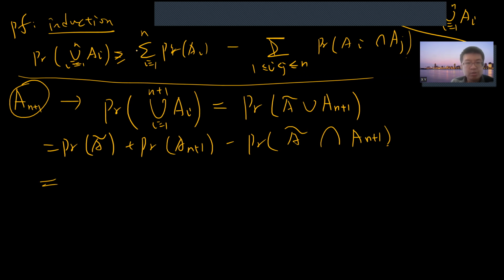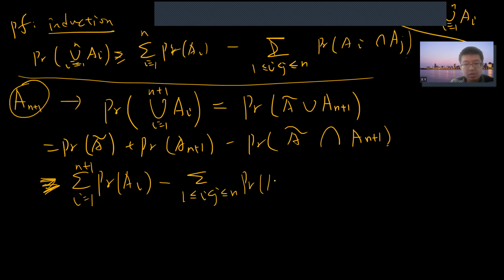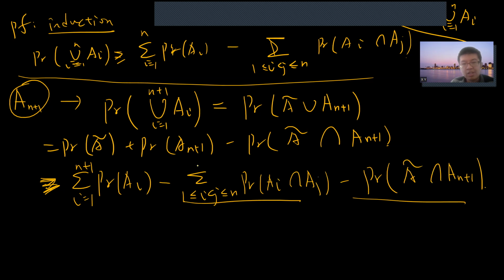For the probability of A tilde, I can use this lemma. So it's greater or equal to the summation of the probability of A_i, i from 1 to n, and I can combine with this one, A_{n+1}, minus the probability of the union of A_i, i from 1 to n, intersection with A_{n+1}.